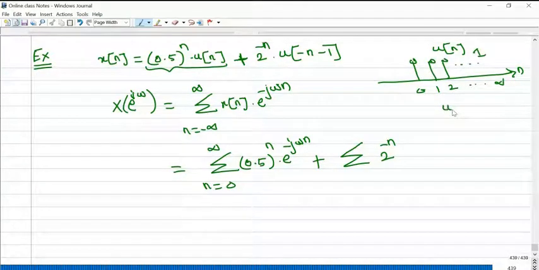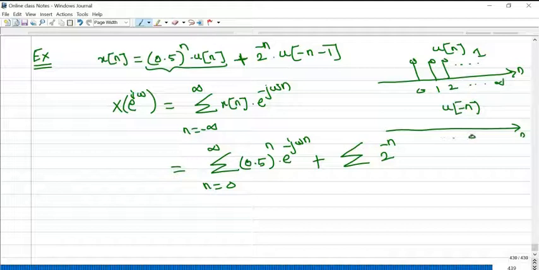U of minus n, 0, minus 1, minus 2, up to minus infinite. Correct?